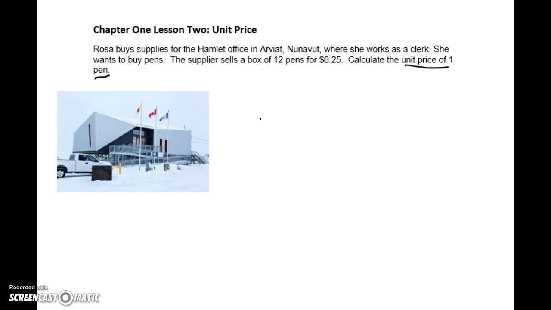It just sets up the situation so you know where she's working and what she's doing and why she might be buying those pens. Because it doesn't have anything to do with the unit price, let's cross that one out. Look at our next sentence: she wants to buy pens. We'll cross this one out here too.